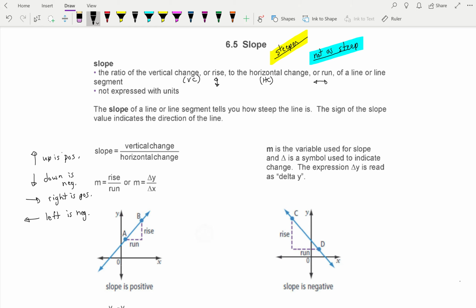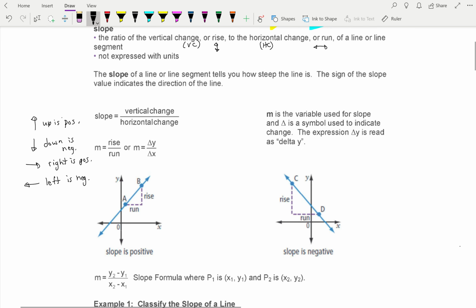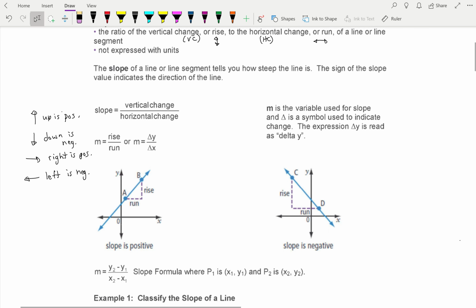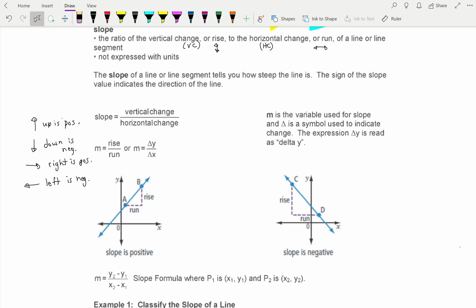Okay, so let's take a look at some ways that we can look at slope. Slope can be a vertical change over horizontal change. Okay, so I'll just abbreviate it as VC over HC. So a change in the y direction, right, vertical, over a change in a horizontal direction, which is along your x-axis, right?